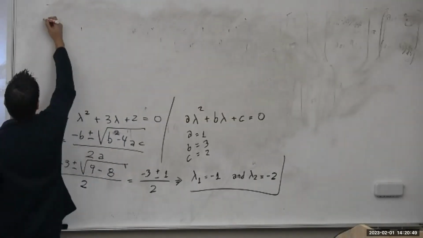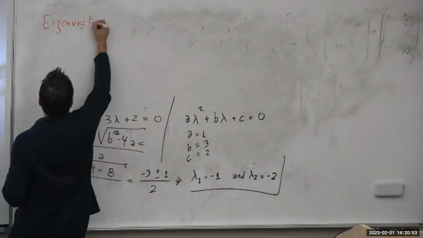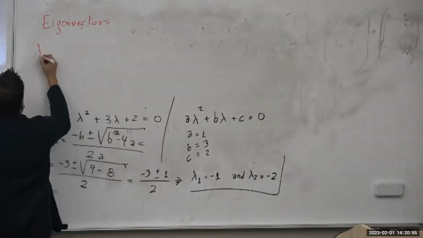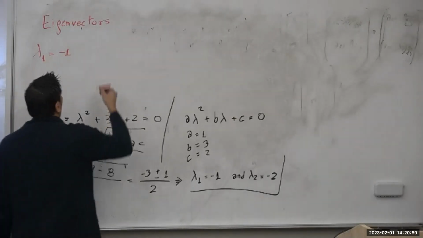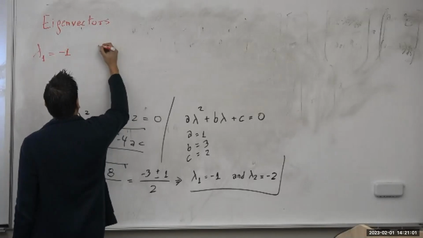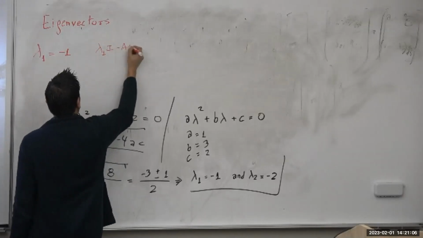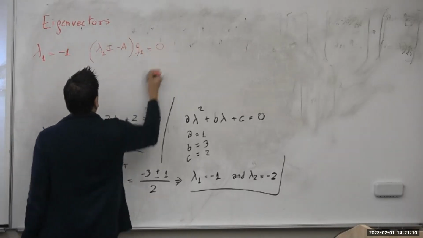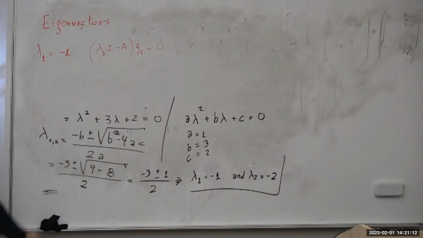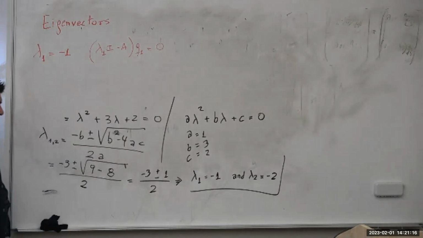So for the eigenvectors then, we start with the first eigenvalue, which is -1. And what we have here is that lambda 1 minus A multiplied by Q1 is equal to 0. That's the singularity. We know how much is lambda 1. So now we need to determine how much is Q1.